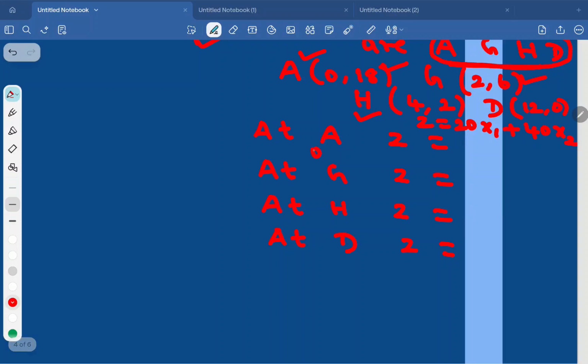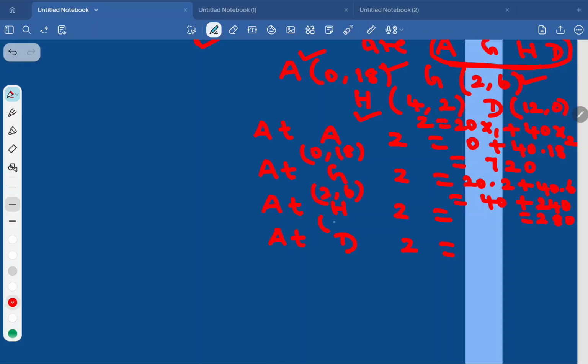At A (0, 18): x1 is 0, x2 is 18, 0 plus 40 into 18, 720. At G (2, 6): 20 into 2 plus 40 into 6, 40 plus 240, the value is 280.